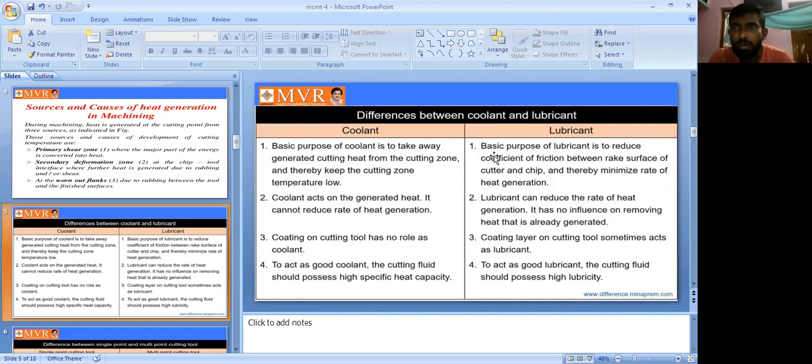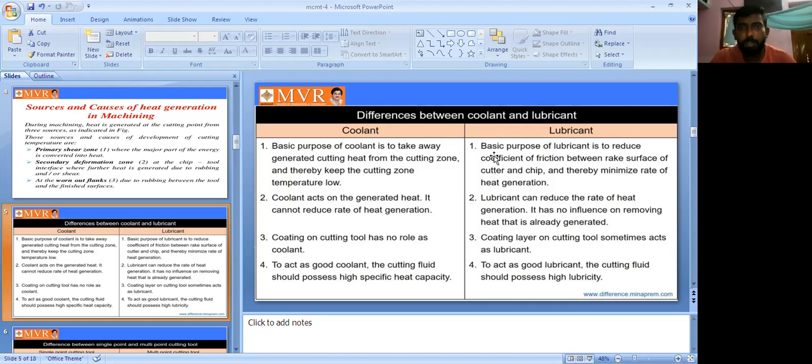When we are machining the parts, we use these two kinds of fluids in the machining process. First one is coolant, second one is lubricant. So what is the coolant?